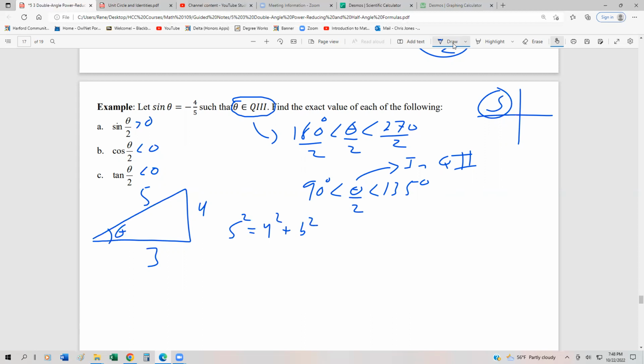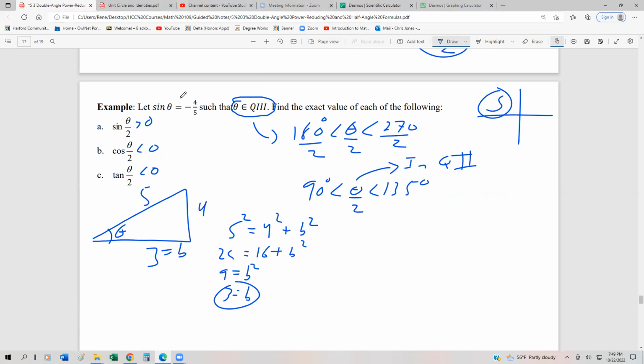This is going to be 25 equals 16 plus b squared. We subtract 16 from both sides, 9 equals b squared, or 3 equals b. Now we can go through and figure out the rest of these values.